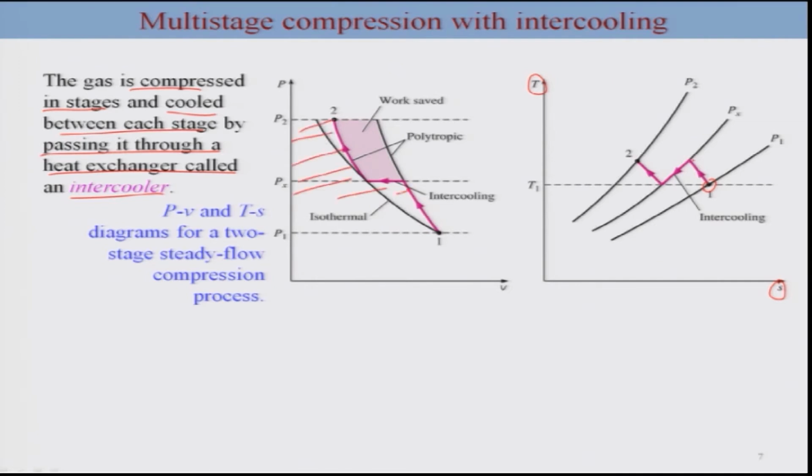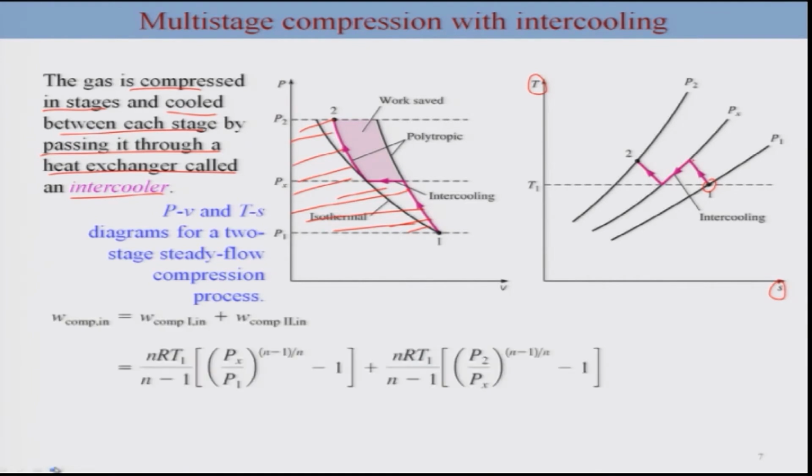That means this is the amount of work for the compressor. This particular shaded region is the work you have saved by using a heat exchanger and employing an intercooling mechanism. Thus the total work, if it is 2 stages, would simply be the work done in stage 1, and this is your W compressor 2.